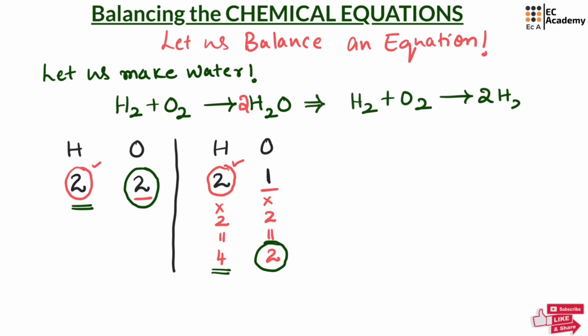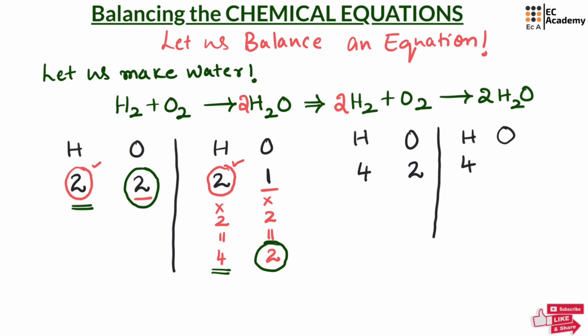Now, to balance this equation, let us multiply 2 with this hydrogen. Now, if we check in the left side, for hydrogen, we are having 2 into 2, 4 atoms. And for oxygen, we are having 2 atoms. In the right side, for hydrogen, we are having 2 into 2, which is 4 atoms.